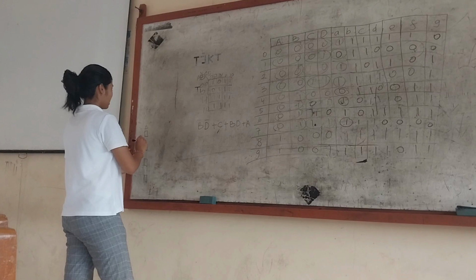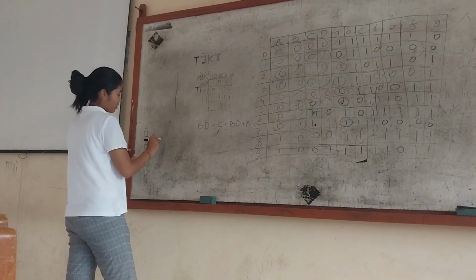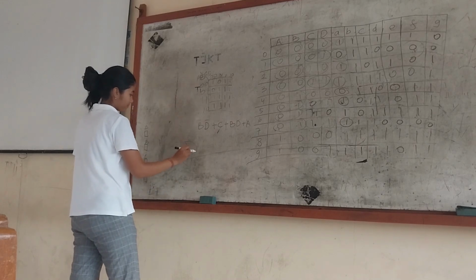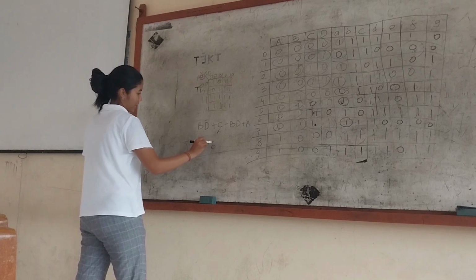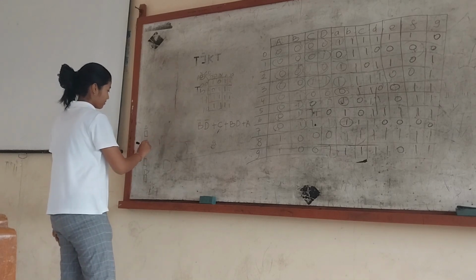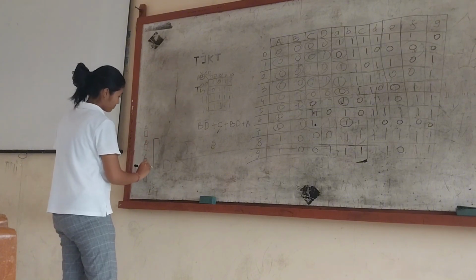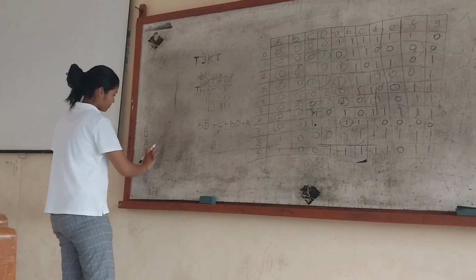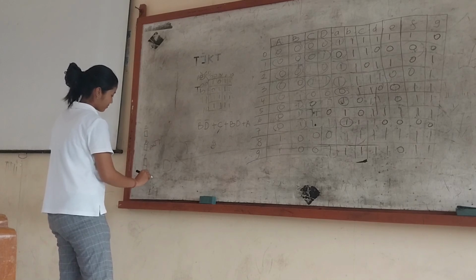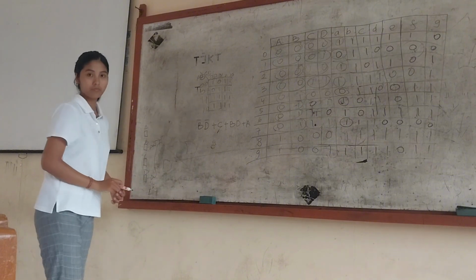This is A, this is B, this is C, and this is D. And we need 2 OR gates here and 1 more.